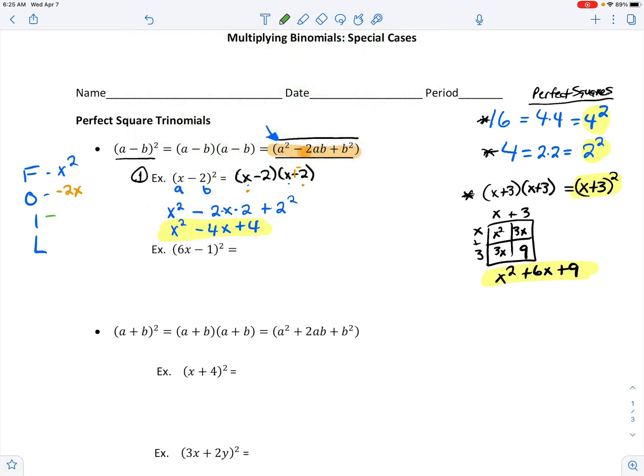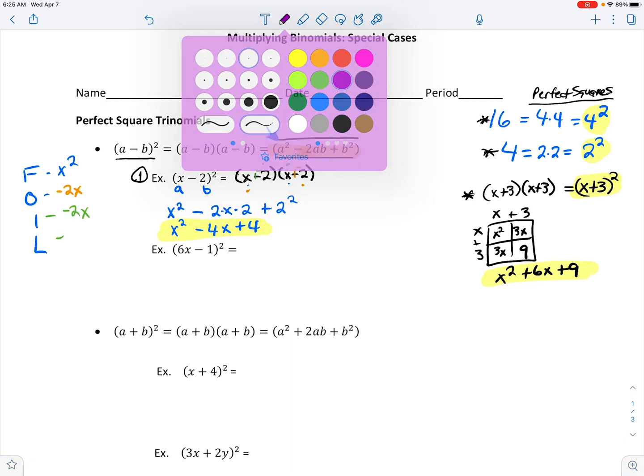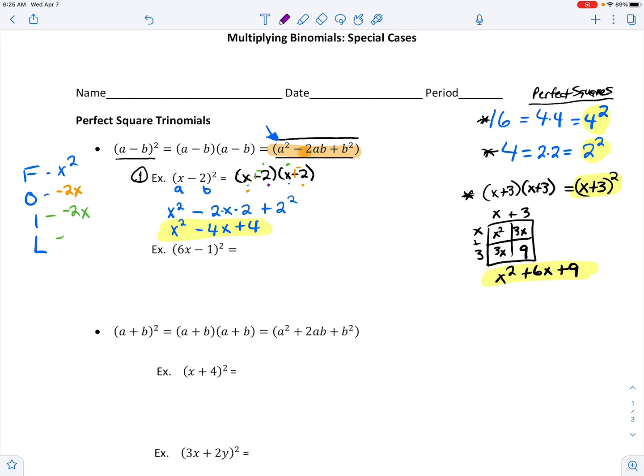And then we have our inner, which is negative 2 and x, so negative 2x again. And then finally, we have our last, negative 2 times negative 2, which is positive 4. And that will give us x squared minus 4x plus 4. We still end up with the same answer.